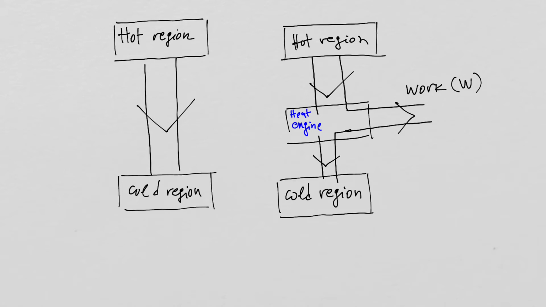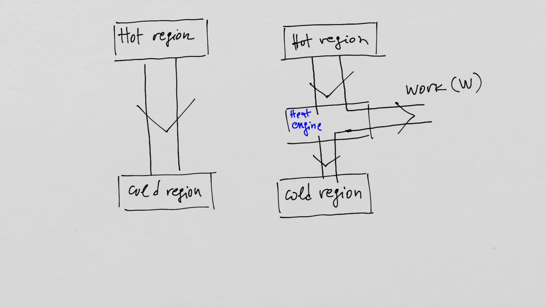So this flow of heat here, and the amount of work, if they're done to scale, you would find that the sum of the width of this strip and the width of this strip should be equal to the width of this strip. So the amount of heat that's coming in from the hot region into the heat engine should be equal to the amount of work done by the heat engine plus the amount of heat that is exhausted into the cold region.